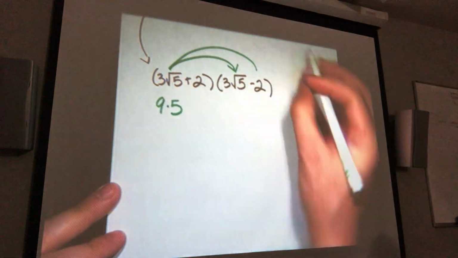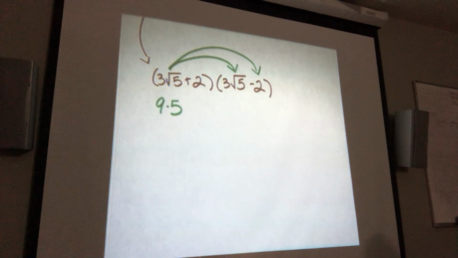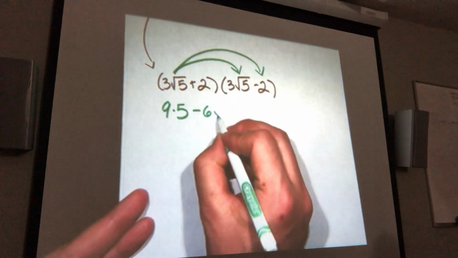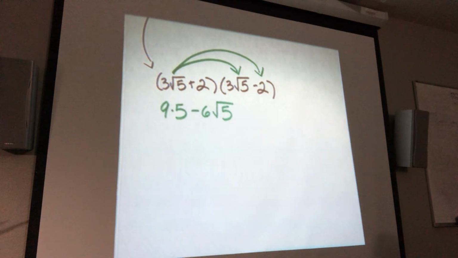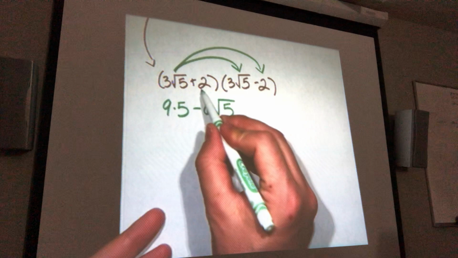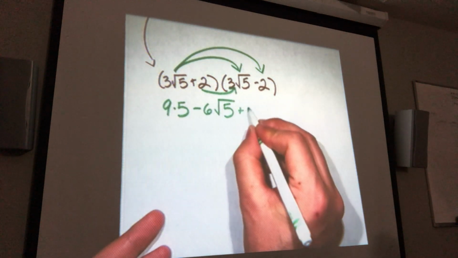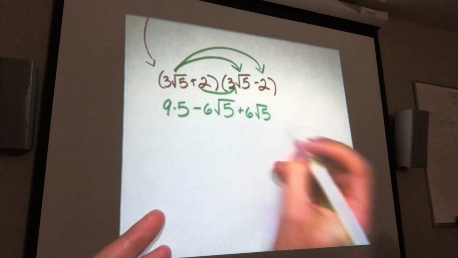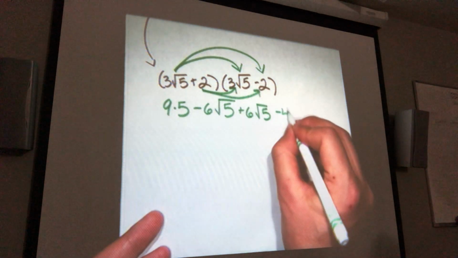Then we'll distribute 3 root 5 times minus 2. Negative 6 root 5. There we go. Great. Then 2 times 3 root 5 gives me positive 6 root 5. And then the last part is easiest. 2 times negative 2 gives me negative 4.